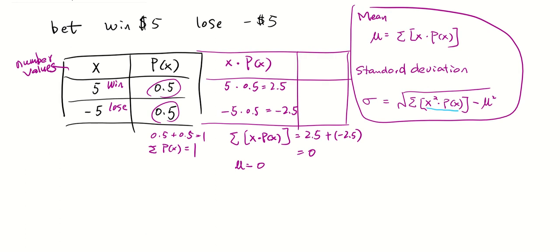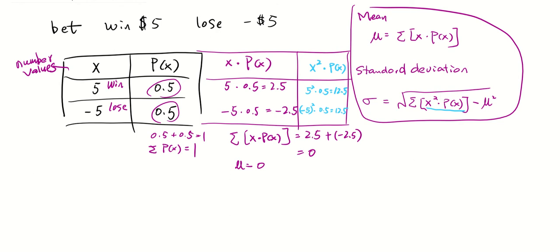One thing we need to find is X squared times P of X. In our case, the first X squared times P of X is 5 squared times 0.5, which is 25 times 0.5, which is 12.5. And the second value is -5 squared times 0.5, which is also 12.5.